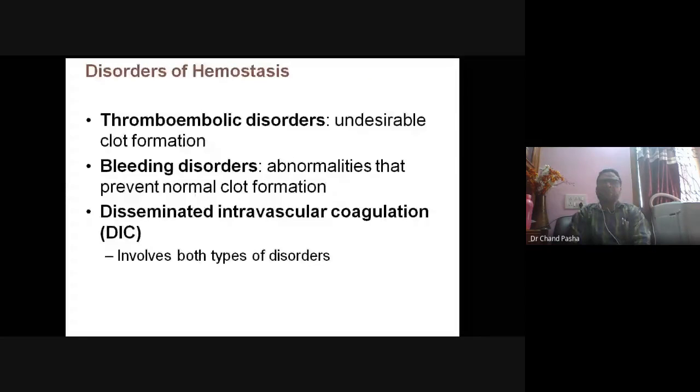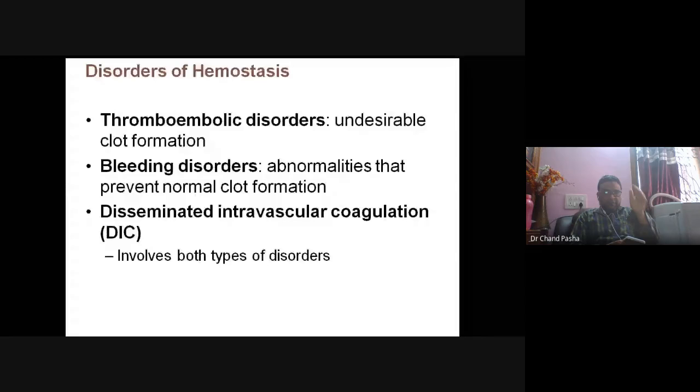That is about hemostasis. Now we'll discuss the disorders, the problems we face due to abnormal hemostasis. First is thromboembolic disorders.